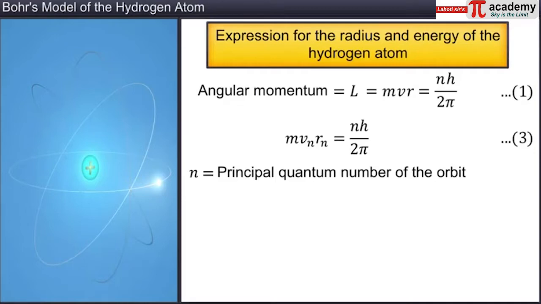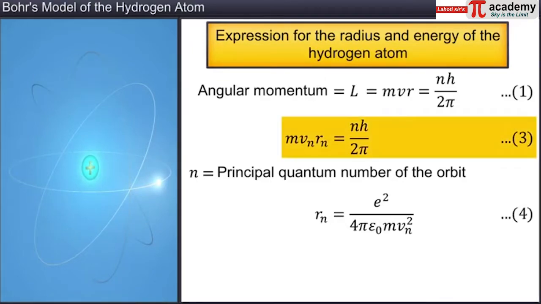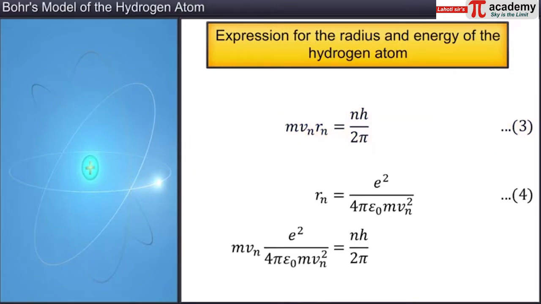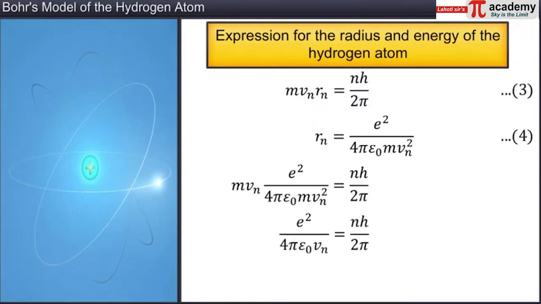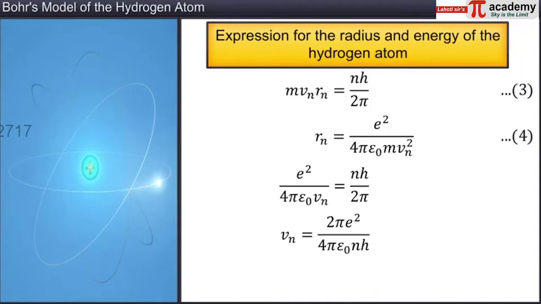We have learned that the relation between the radius r of the electron orbit and its corresponding velocity v is given by R_n is equal to e square by 4 pi epsilon naught m V_n square. Let this be equation 4. Substituting the value of R_n in equation 3 and simplifying, we have V_n is equal to e square by 2 epsilon naught nh.